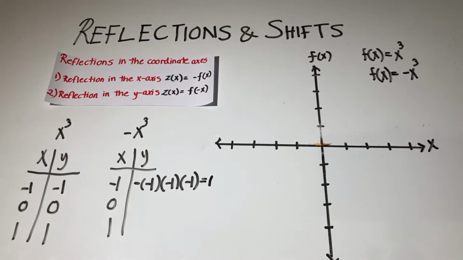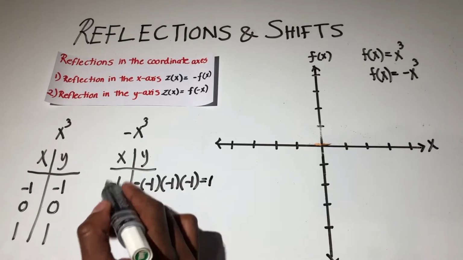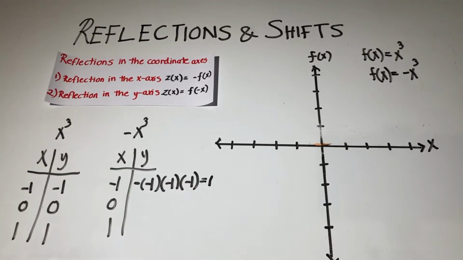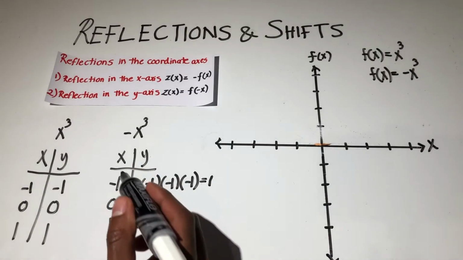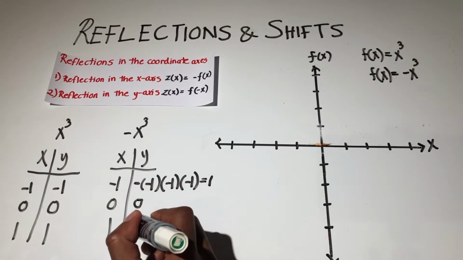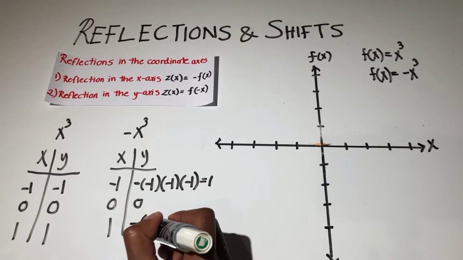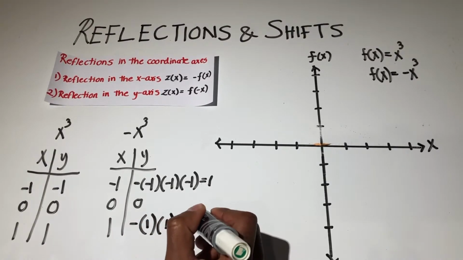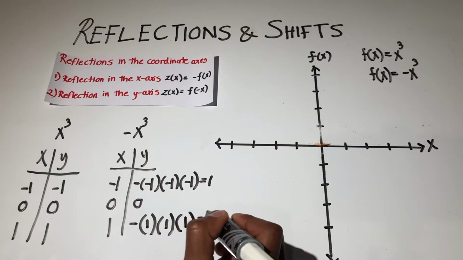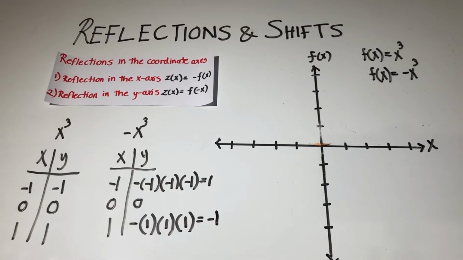So our answer is going to be 1. If we put 0 in, we're just going to get 0. If we put in 1, we're going to get 1 times 1 times 1, and with the negative sign that's just going to give us negative 1.